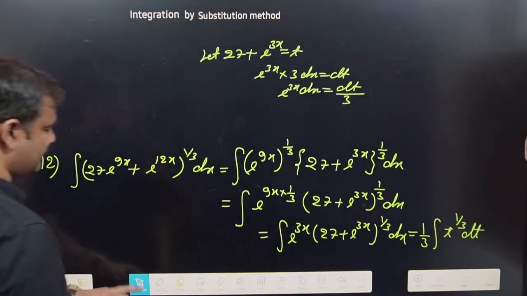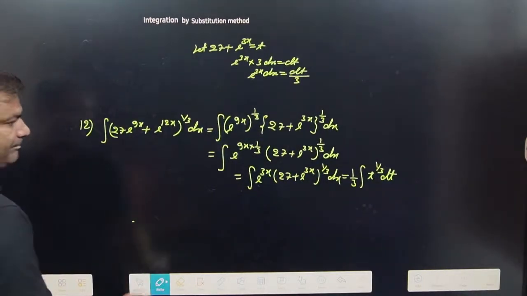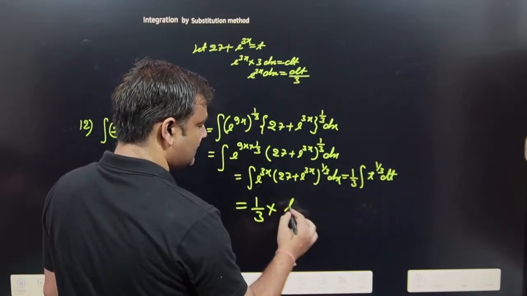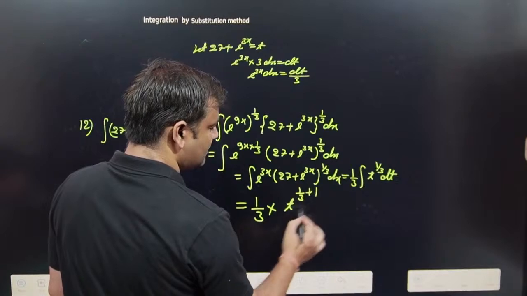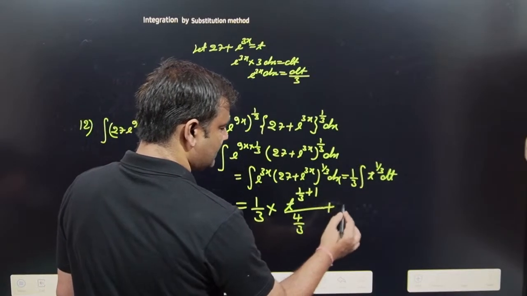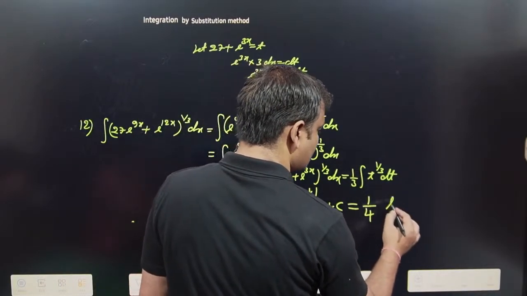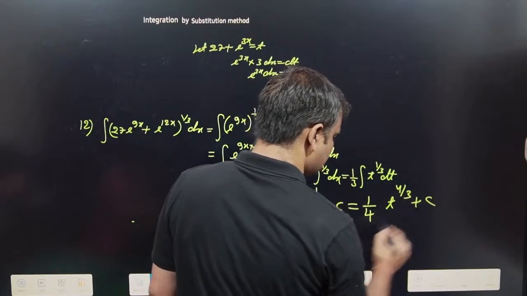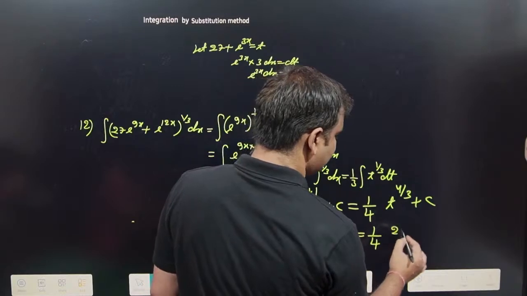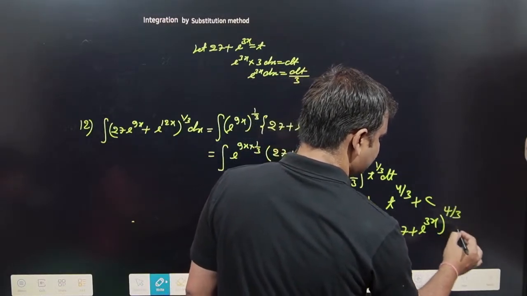Simply, look very carefully. This is 1/3 times the integral of t^(1/3) which is t^(1/3 + 1) divided by (1/3 + 1), basically 4/3, plus c. So the 3s cancel: 1/4 t^(4/3) plus c. So 1/4 t means (27 + e^(3x))^(4/3) plus c is the right answer.